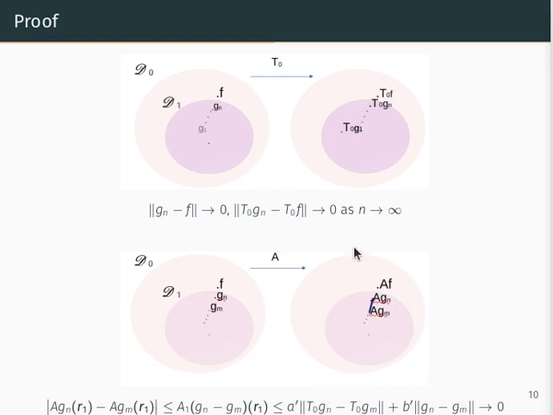But T0 Gn minus T0 Gm goes to 0, and Gn minus Gm goes to 0. Therefore, this term goes to 0, which means that this blue line goes to 0.